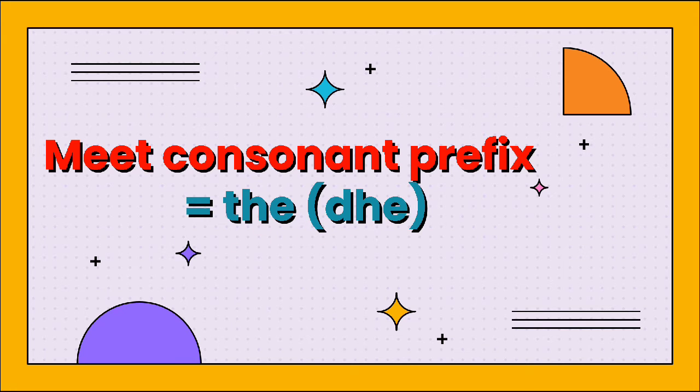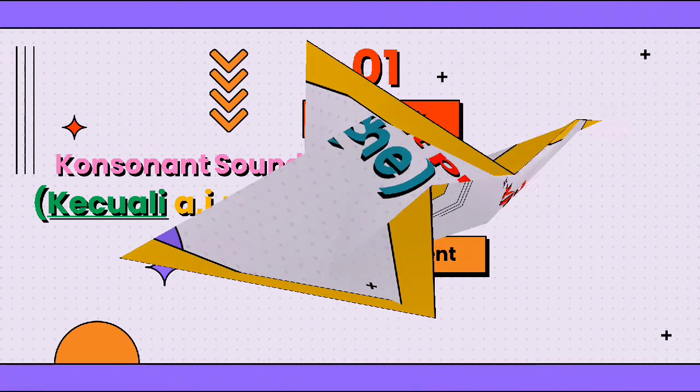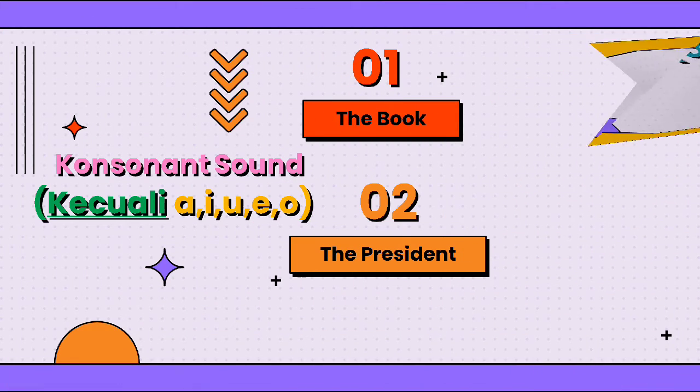Next, here are examples to help you understand more. For example, the book. Because book starts with the letter B, and B is included in the consonant sounds, other than A, I, U, E, O. The same goes for the president.